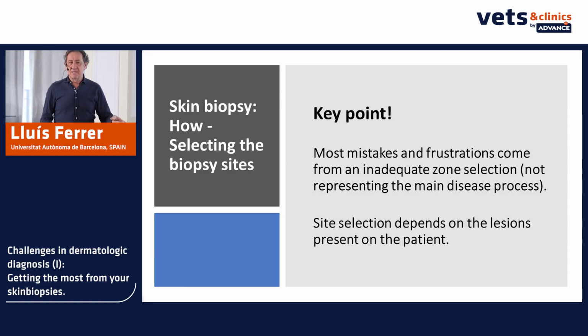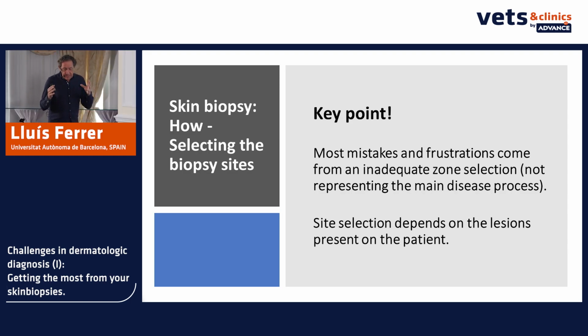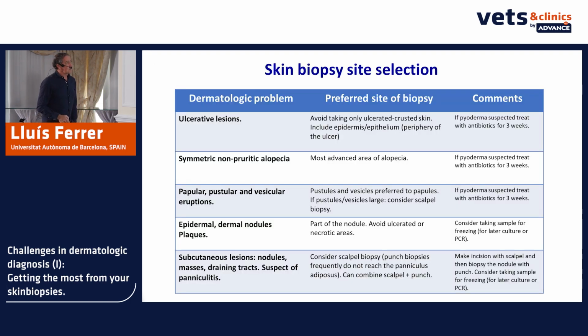Most mistakes, like the first one that you have seen at the beginning of the talk, are a consequence of a bad selection of the sites. This needs a lot of thought before proceeding to select the sites. There are very strict rules about how to do this, and it depends on the lesions that the patient has.